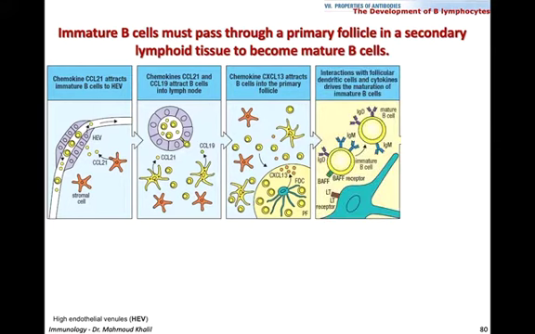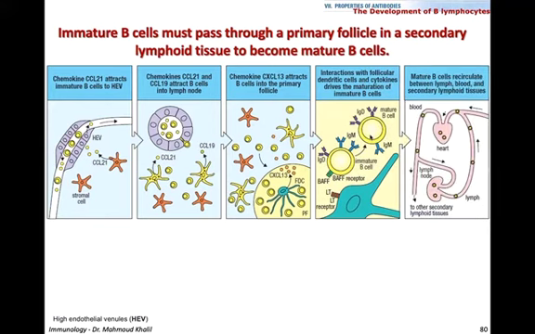So you can see here the interaction between the follicular dendritic cells and the cytokines in the presence of the antigen will drive the maturation of the immature B cells. And we can identify the mature B cells by the expression of IgM and IgD on their surface. And now these B cells are mature.